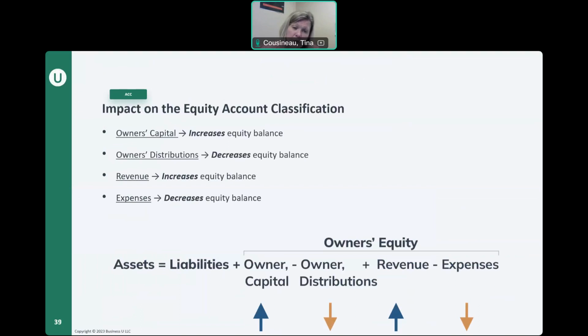So kind of just think about it that way, of how you would increase and decrease your own bank account, which in the end is your equity that you have in yourself, you as a business, your personal self. Everybody's their own little business. With your checking account, you have the money that you put into your checking account, you have your distributions, the money you take out, the money you add in, and the expenses that you have. Okay.